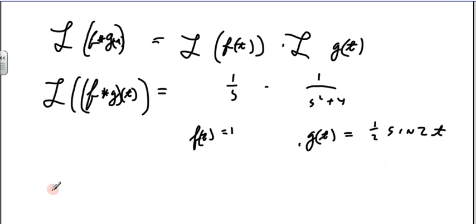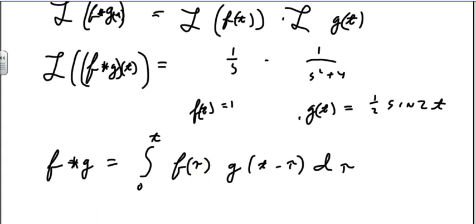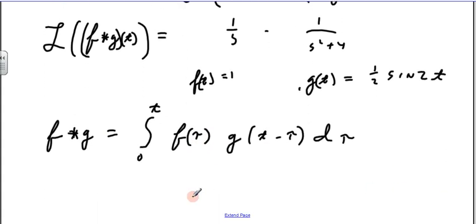So f convoluted with g is equal to integral 0 to t of f of t, g of t minus tau, d tau. Okay, so that's what I've got.